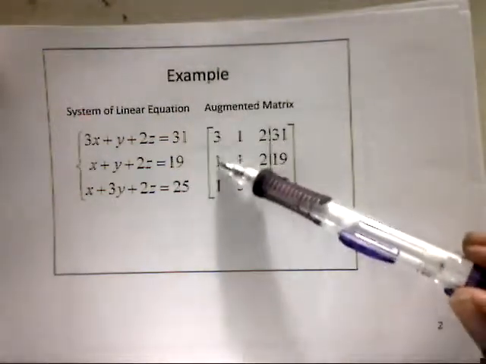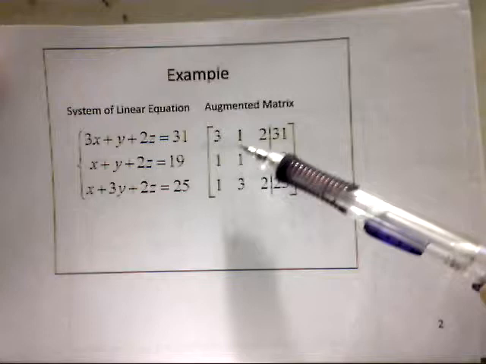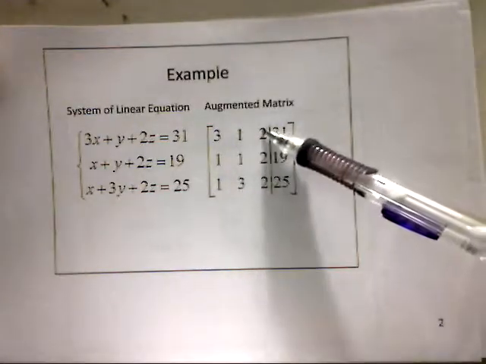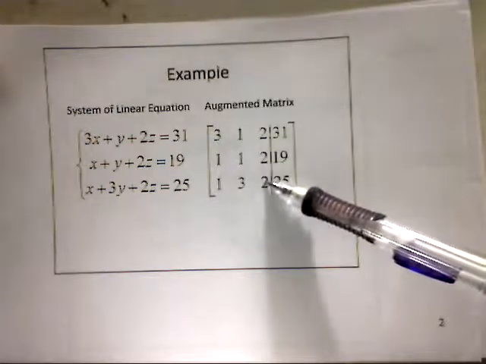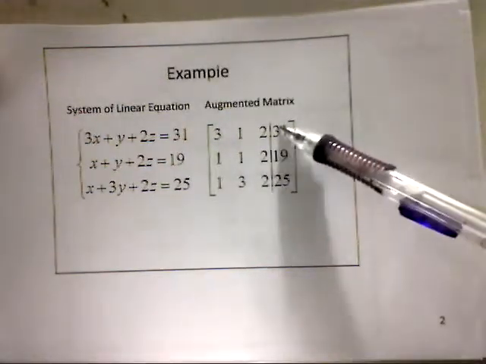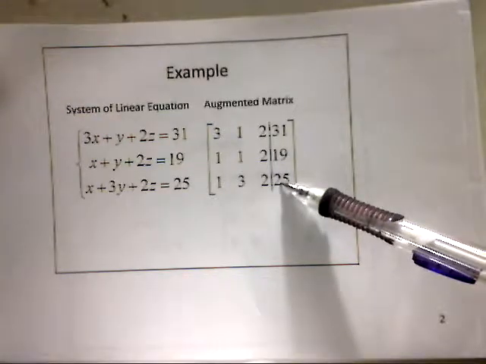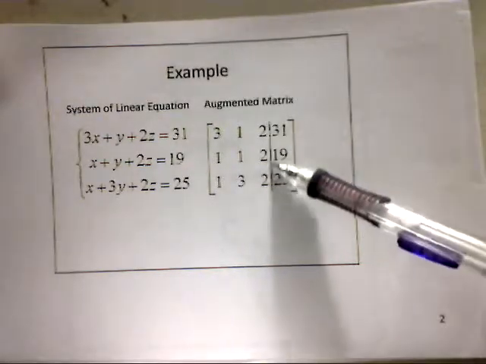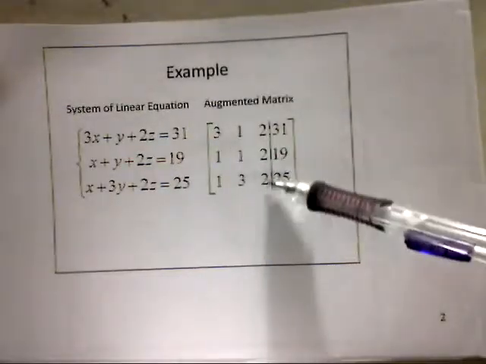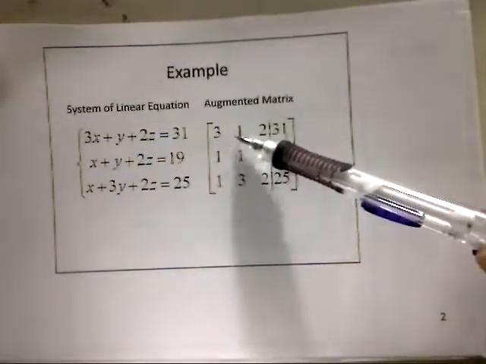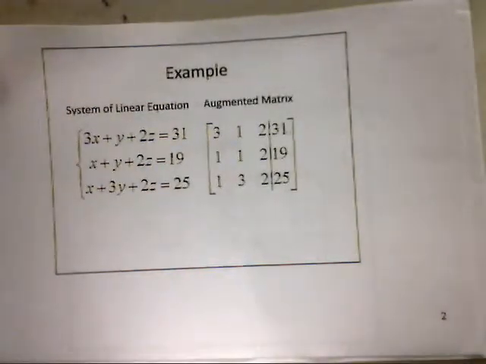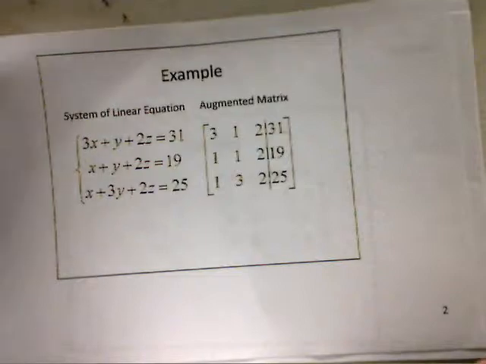The first column represents all the coefficients of x. The second column represents the coefficients of y, and the third column represents the coefficients of z. And the column after the vertical bar represents the constants. Usually this vertical bar represents the equal sign, because it separates the coefficients of x, y, and z from the numerical constants that follow.